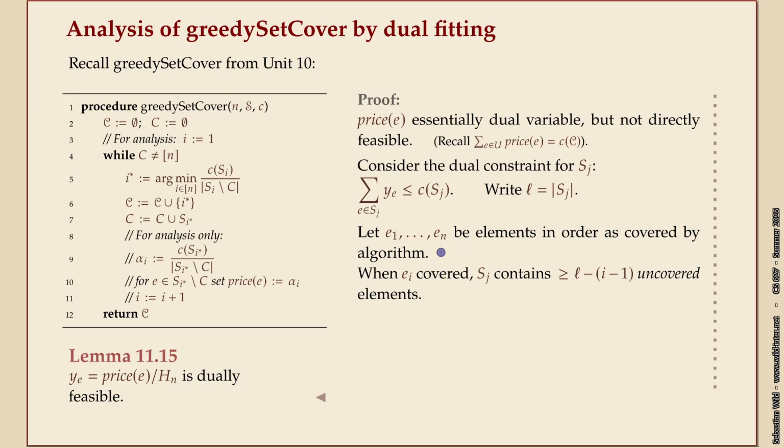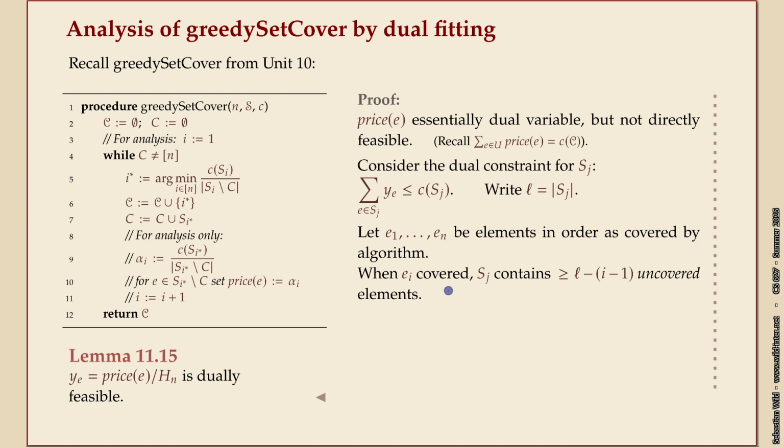Like at the time when we analyzed this algorithm the first time round, let's name the elements in the order they are covered by the algorithm. So whenever you include a new set, the elements that you now for the first time cover become the next elements in this sequence.